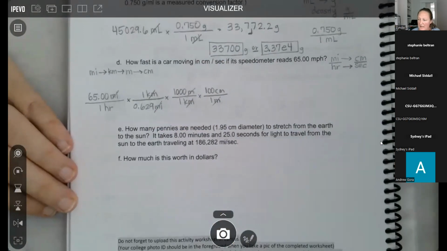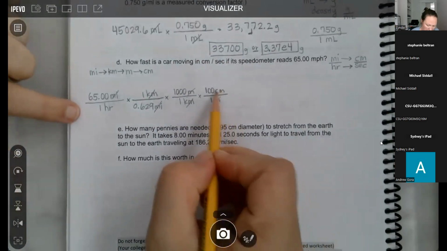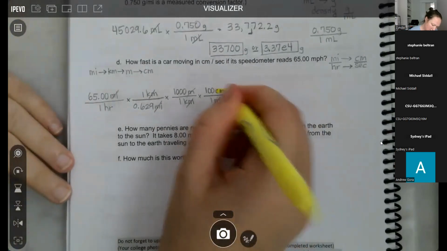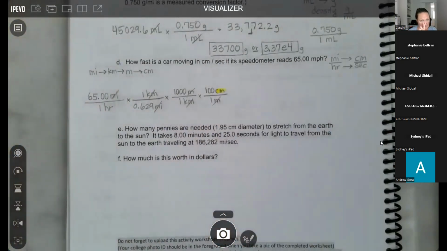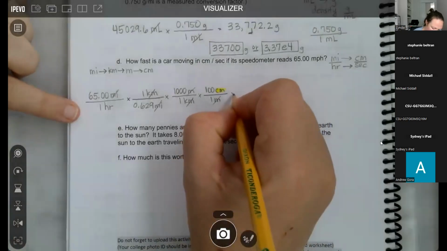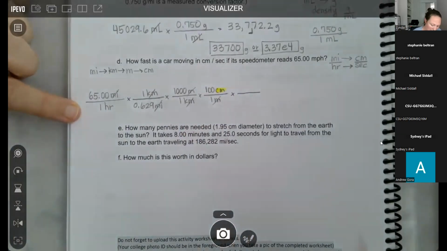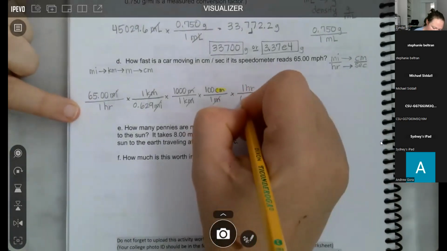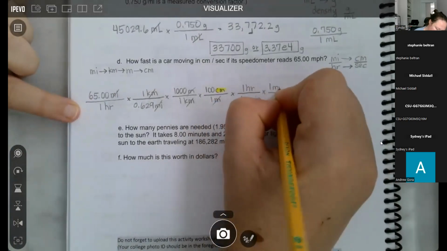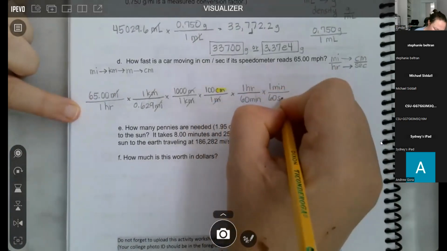So now in my numerator I am in centimeters, so that's good. That's what I want. But I need to work still on the denominator because I need it to be in seconds, not in hours. I could just keep going with that, right? Because I know that in 1 hour, there's 60 minutes, and in 1 minute, there's 60 seconds.